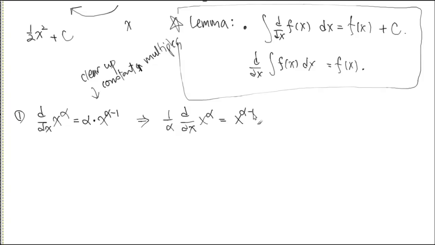Good. Then if it is a constant outside the differential operator, can we bring it inside? It's a constant multiple, you can go inside and out, and the differential operator is the same. So here's d dx, 1 over alpha goes inside, x to the alpha. Now, if you hit the integral symbol on both sides, a nice thing happens.